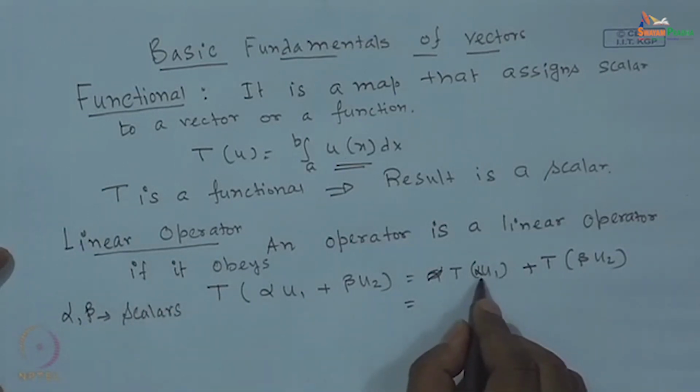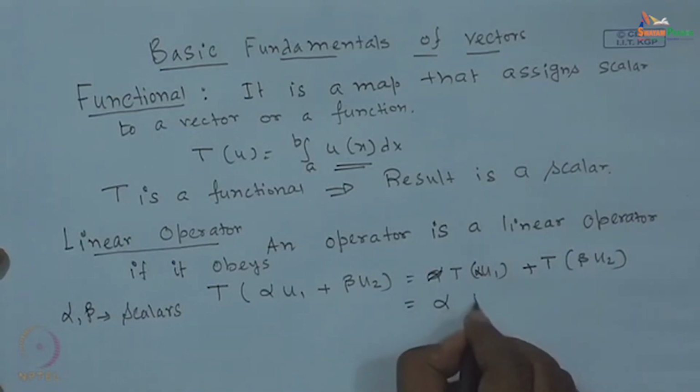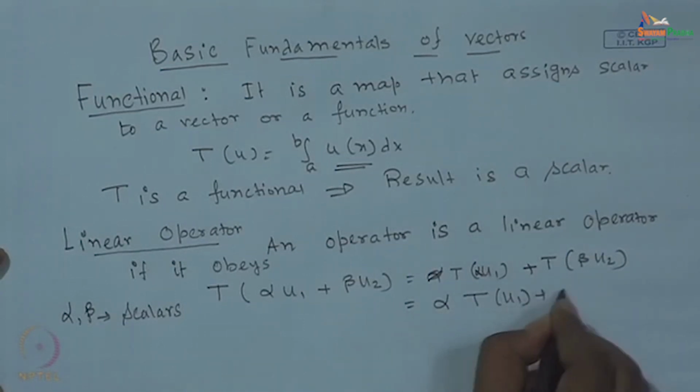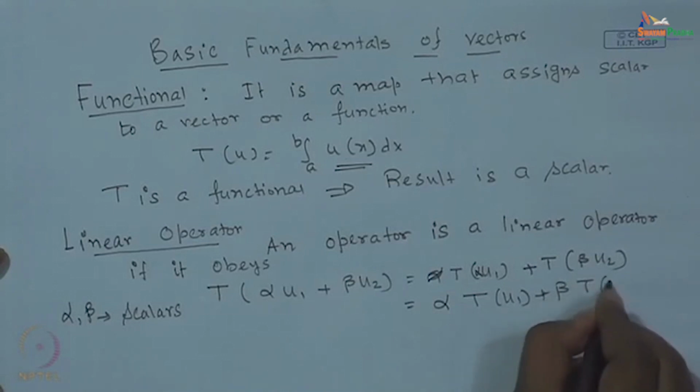Since they are scalars, they will not take part in the operation or the mapping of the functional, so they will come out of the functional. So, it will be alpha T of u1 plus beta T of u2.